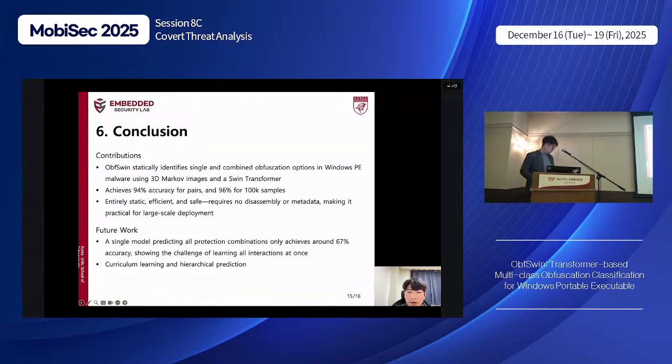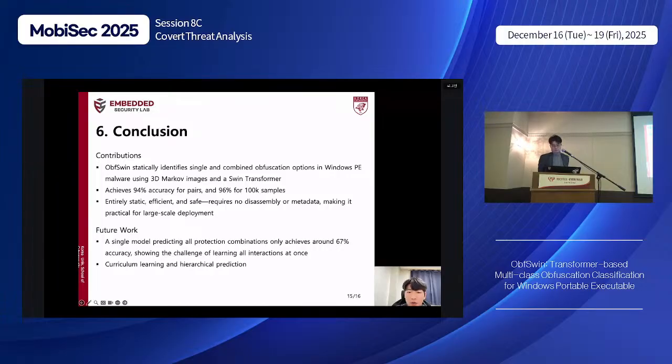We demonstrated on a dataset of BODMAS samples that we can achieve 94% accuracy for two-option combinations and 96% accuracy for three-option combinations. Our approach operates purely statically without executing or disassembling binaries and does not rely on high-level metadata, making it suitable for large-scale and safe analysis of malware collections.